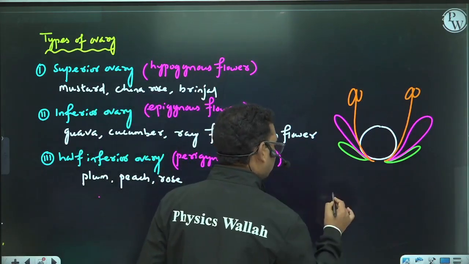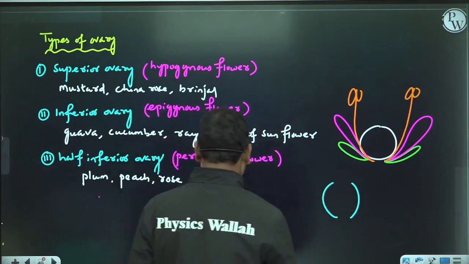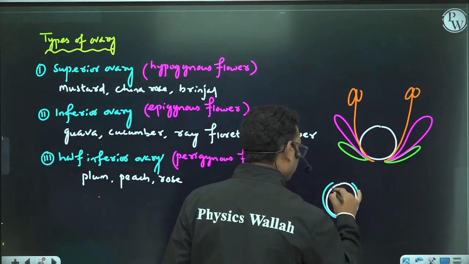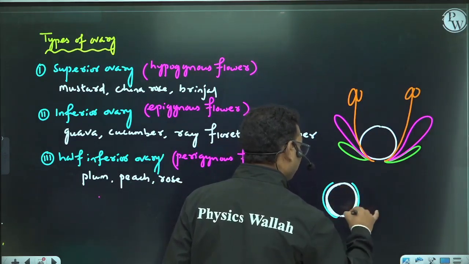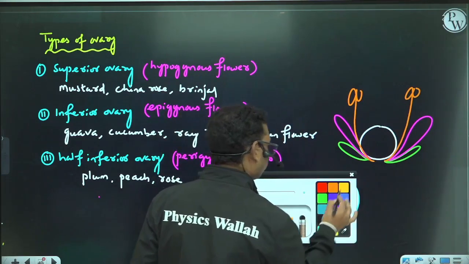Let me draw another diagram. Suppose this is the thalamus, and suppose this is the ovary. You can see the thalamus is completely fused with the ovary.